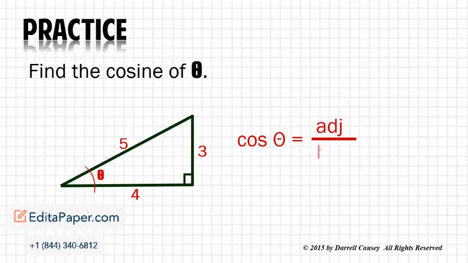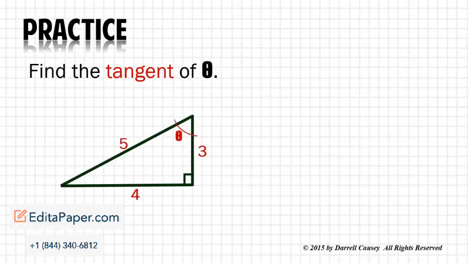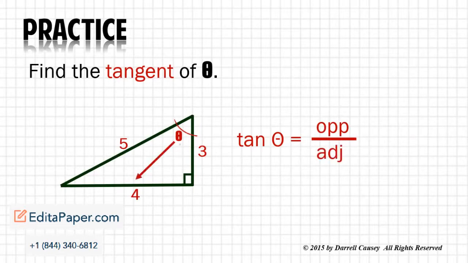That's adjacent over hypotenuse, and so there's our adjacent side, and we have 4 over 5. And then tangent, the tangent of theta is going to just be side opposite over adjacent, which means then it's going to be 4 over 3. And notice I chose a different angle this time. Always be on the lookout for that.